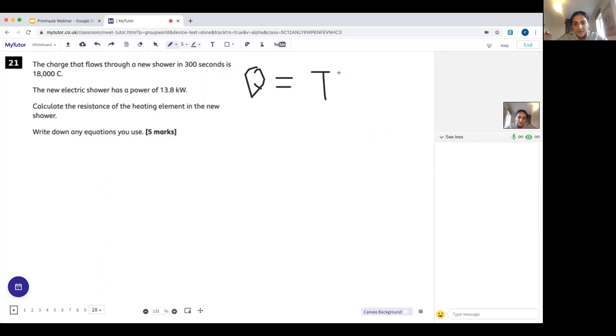So that's the first equation you need to use. That should give you I, which you can then use in this equation. So try to have a go at using those two equations to get you the resistance.